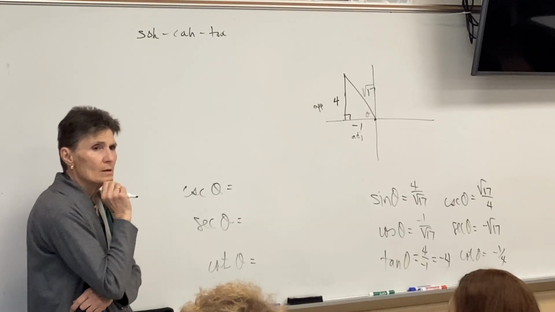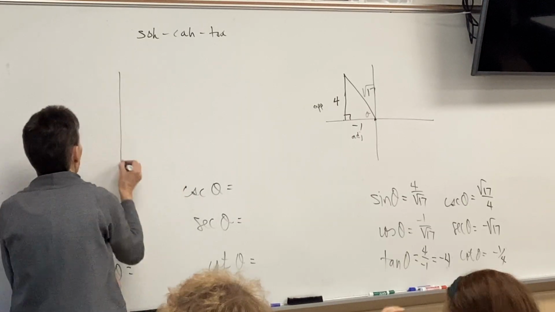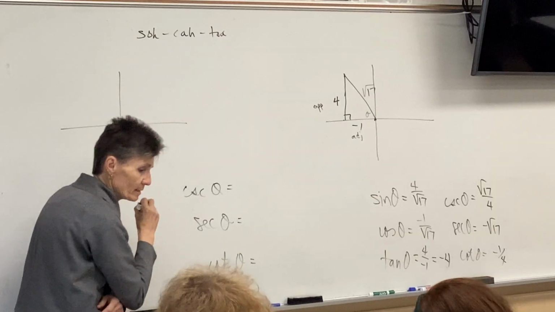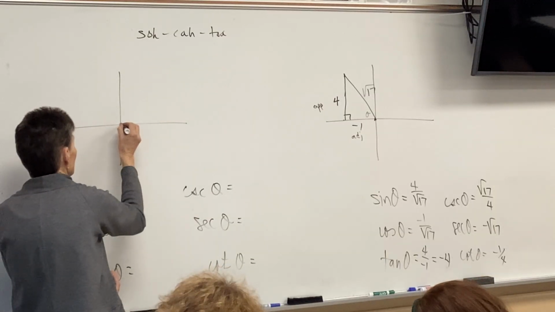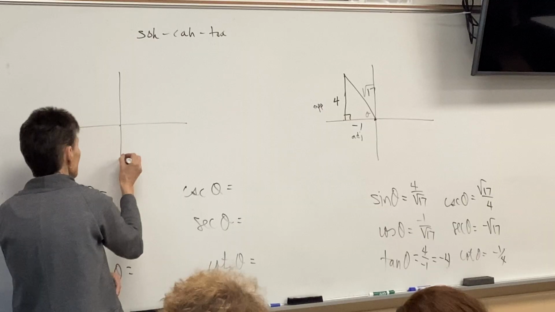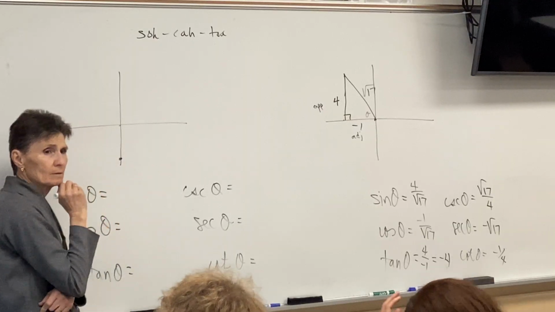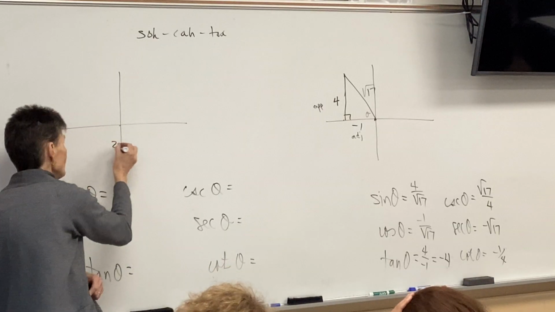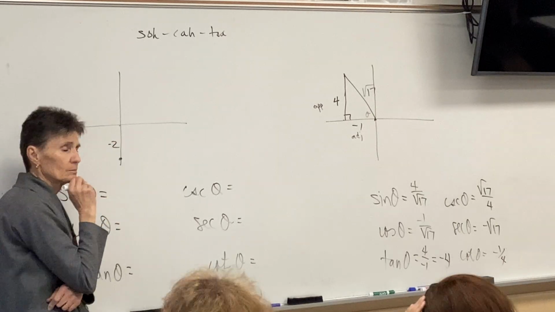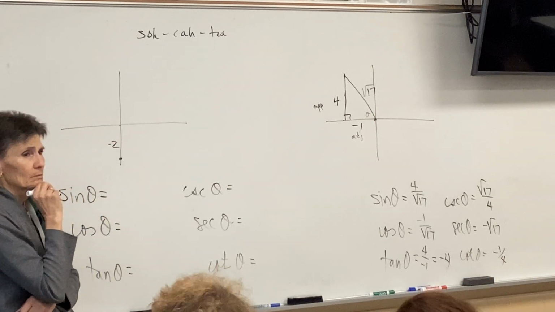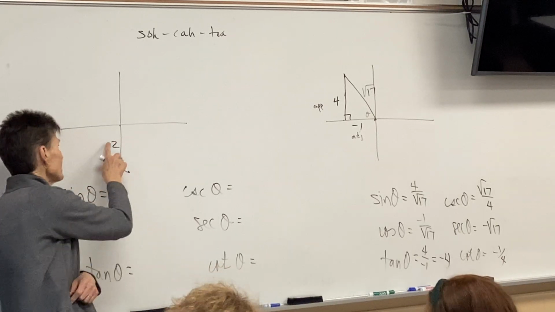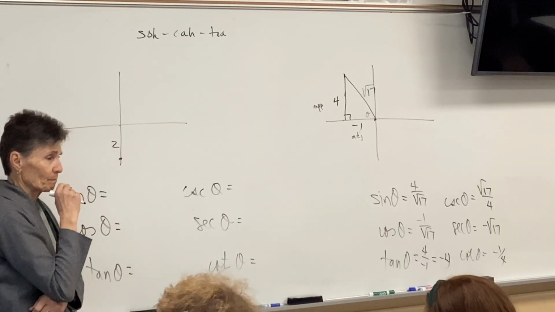When I plot the point 0, -2, I don't go sideways, I just come straight down. Right, this is 2. Boys and girls, this is a problem.